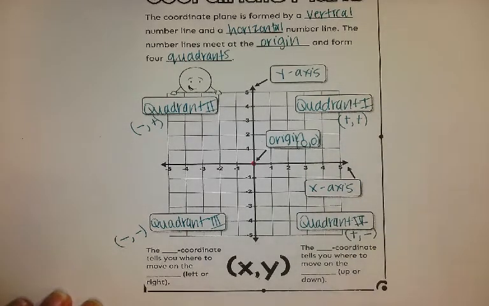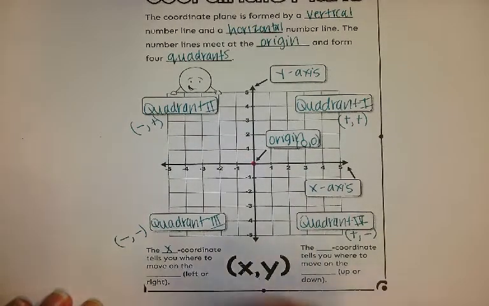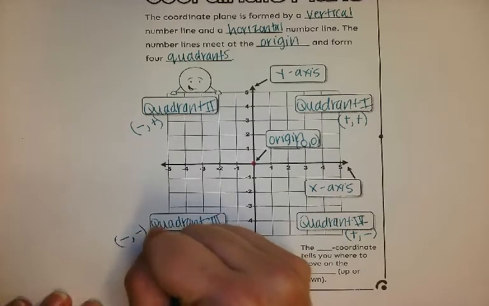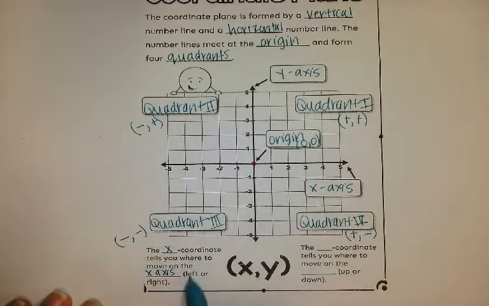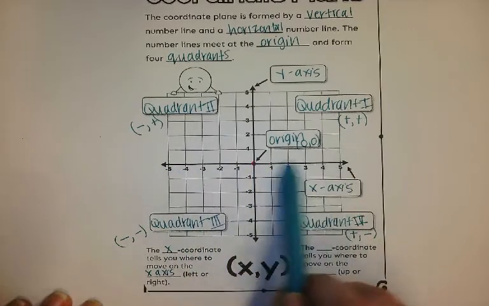For our set of coordinates, they are always listed as x first and then y. The x coordinate will tell you where to move on the x-axis, and that will be either left or right, because our x-axis is horizontal.